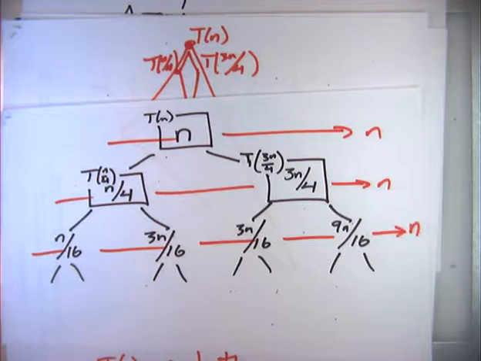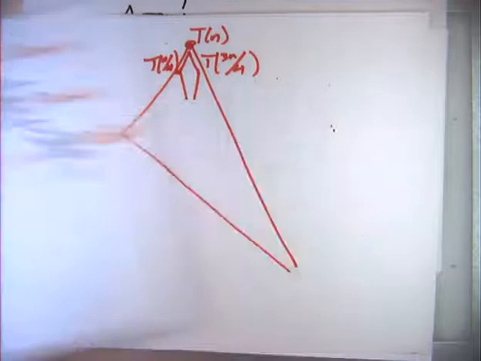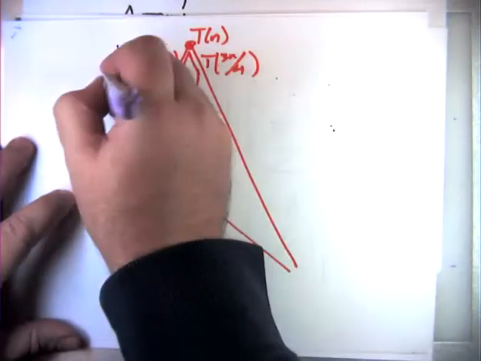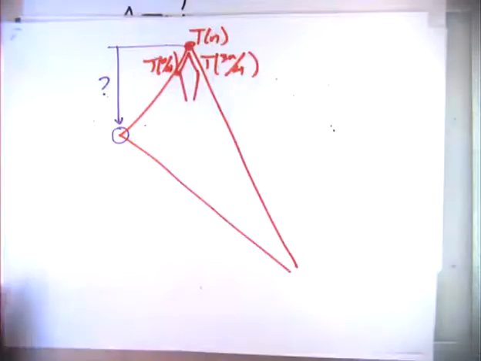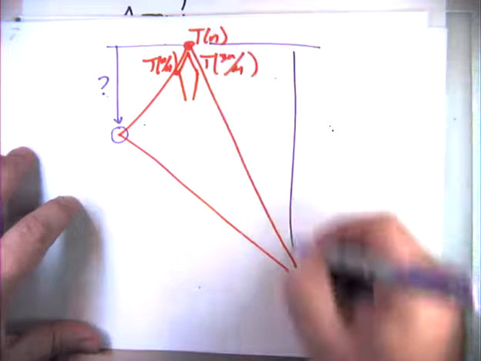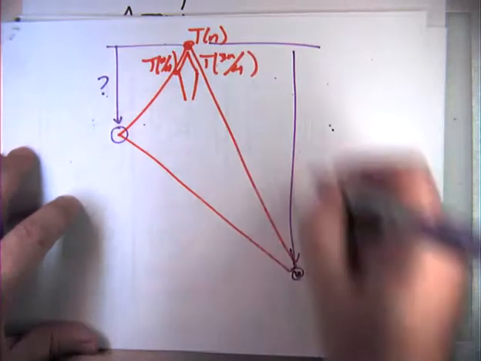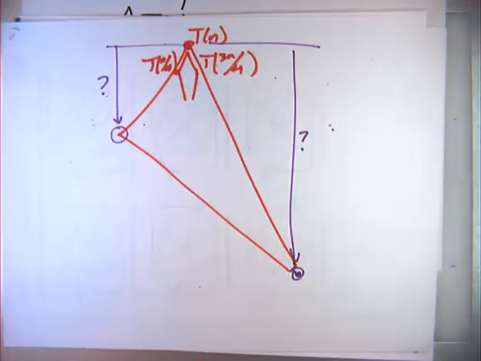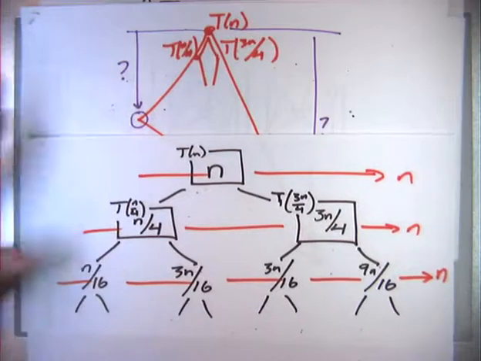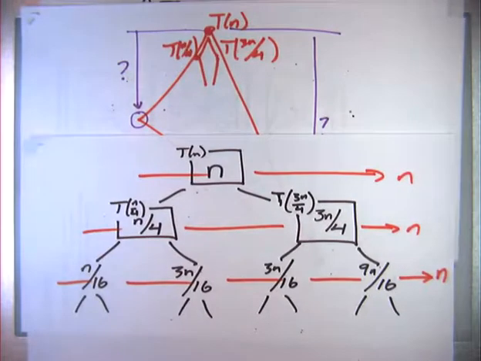Okay? And so to figure this out, I'm going to ask 2 questions. What is the depth of the shallowest leaf in the tree? And what is the depth of the deepest leaf in the tree? I think it's easier to look at the shallowest leaf, just because the numbers are nicer.